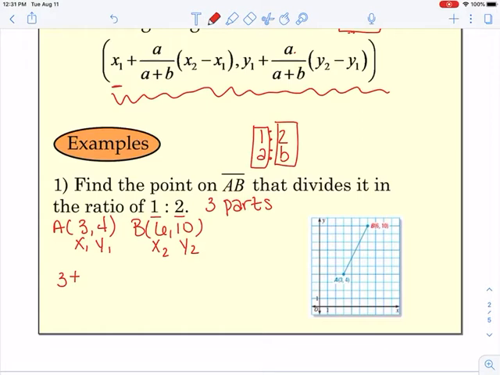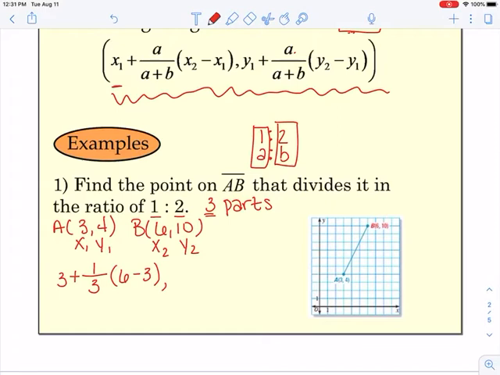So on the top, a is 1, and on the bottom, we're adding a plus b, so 1 plus 2 is that 3. And now I need to multiply that times x2, which is 6, minus x1, which is 3. That's going to give us the new x coordinate.